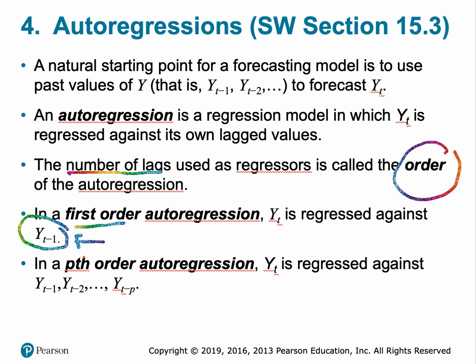In a pth order autoregression, yt is regressed against yt minus 1 and yt minus 2 all the way through yt minus p. Alright, that's the pth order autoregression. P may be 4, 5, 6, 7, 8, 9, 10, 11, 12, whatever.